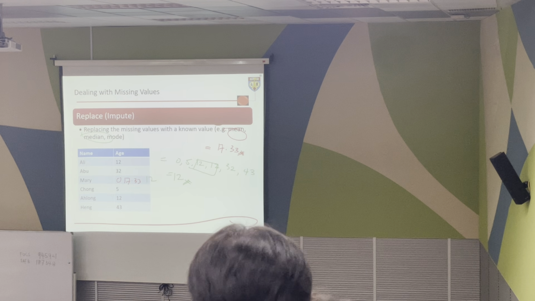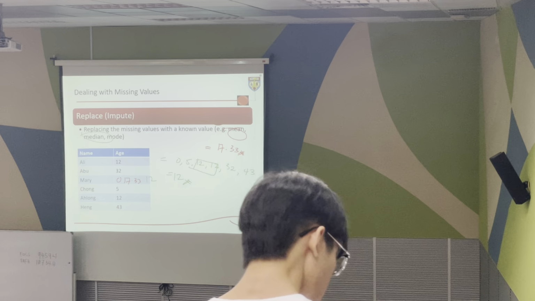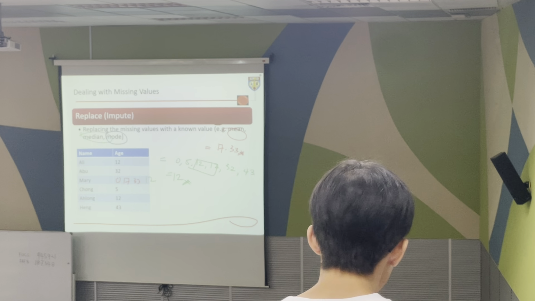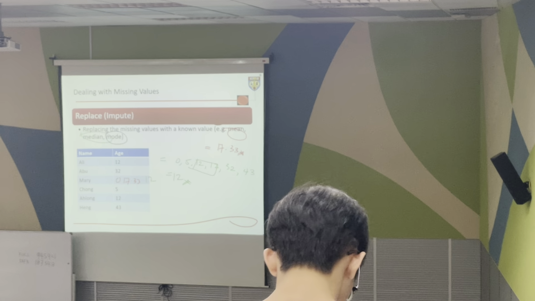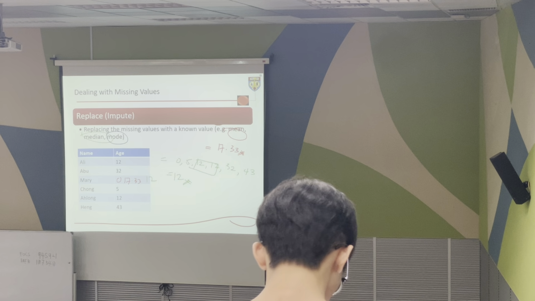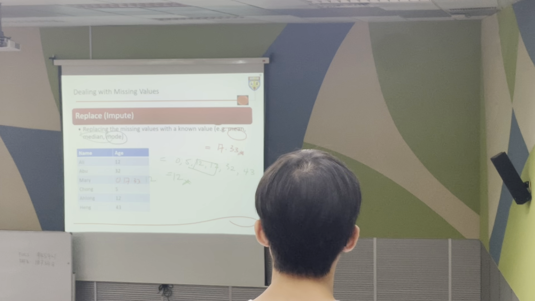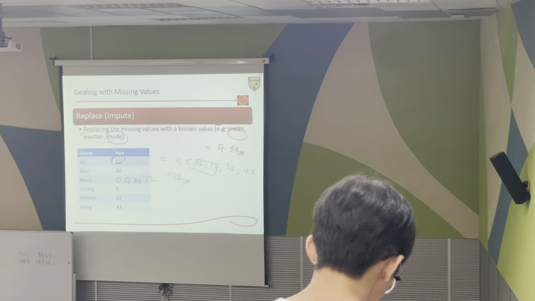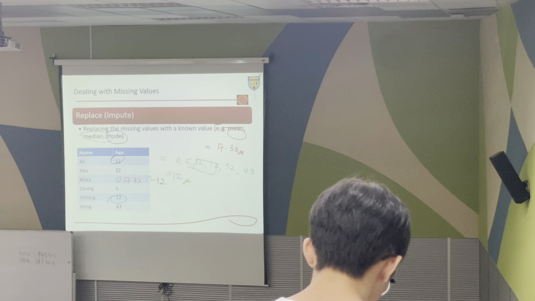Right. Okay, and then if you want to replace the missing values with the mode, so what is the mode? It is the frequency. Based on this record, the most frequent value is 12. So 12.